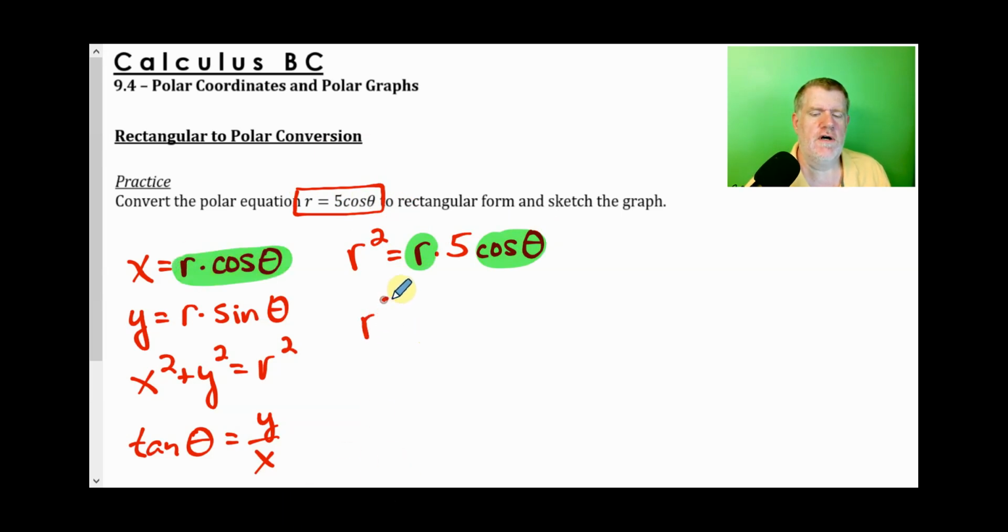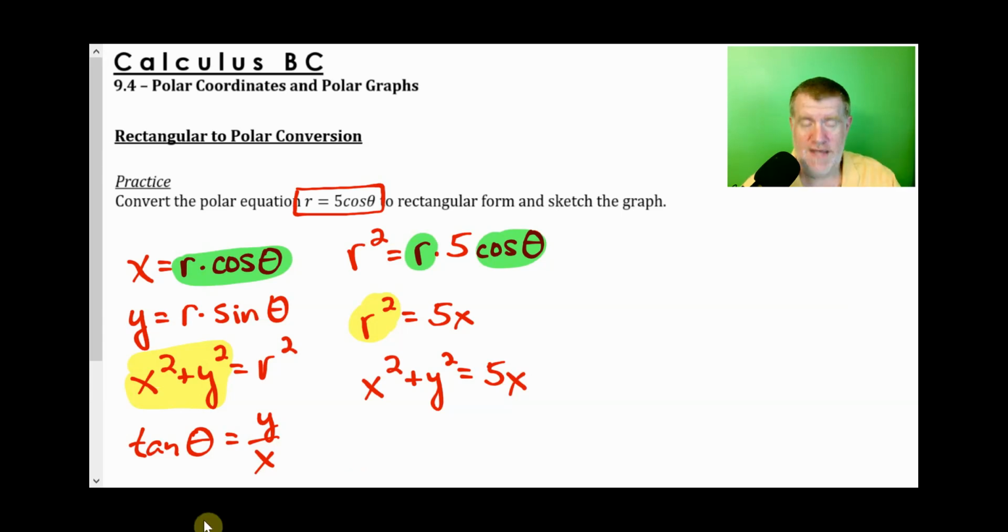I've written that r squared equals 5x. Okay. But to be totally rectangular, I need to get rid of the r. Well, I also know that r squared is the same as x squared plus y squared. So, can I write x squared plus y squared equals 5x?